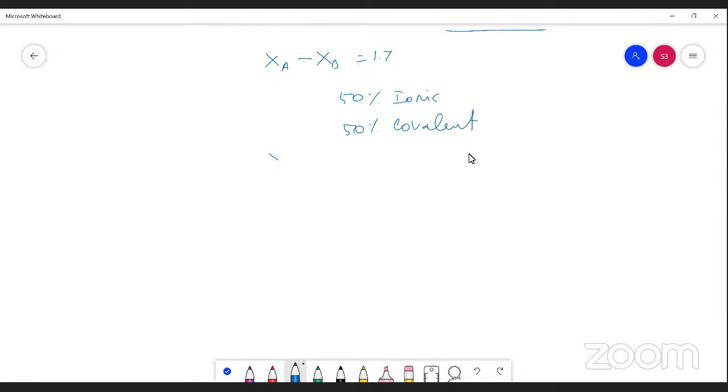Suppose the electronegativity difference between atoms A and B is greater than 1.7.